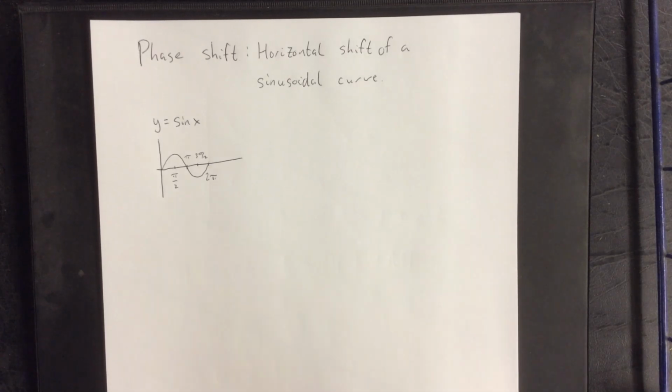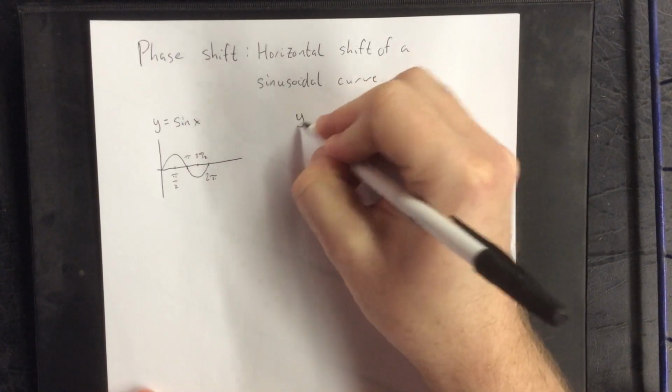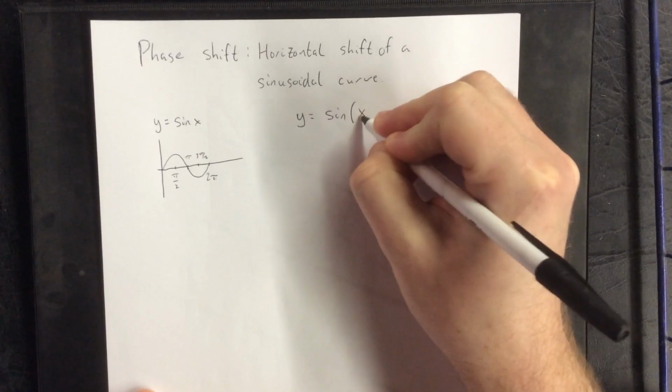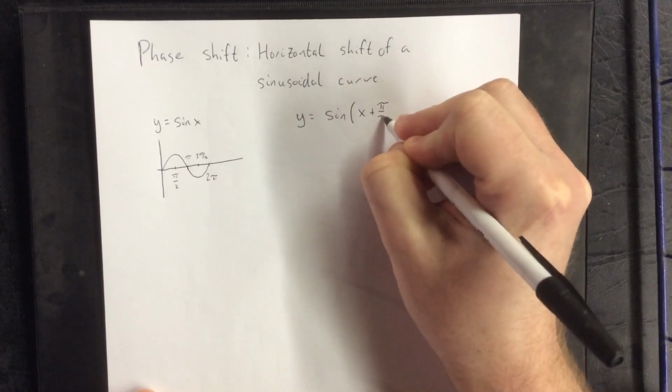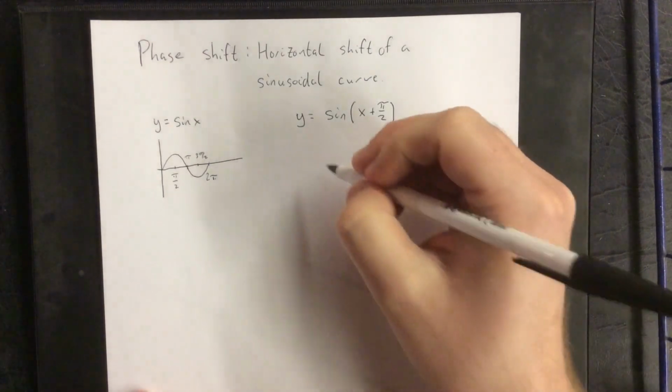Now, to give an example of a phase shift, consider shifting this to the left by pi over 2 units. A shift to the left is indicated by the addition of a quantity.